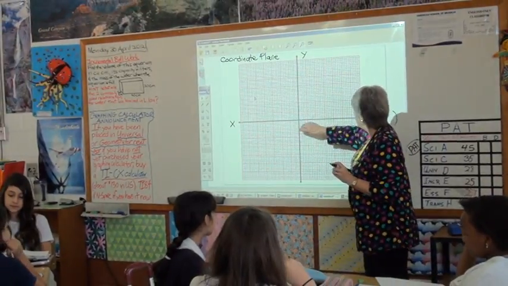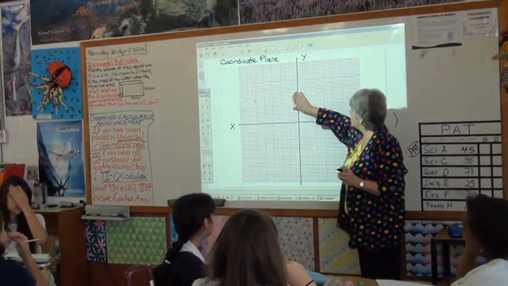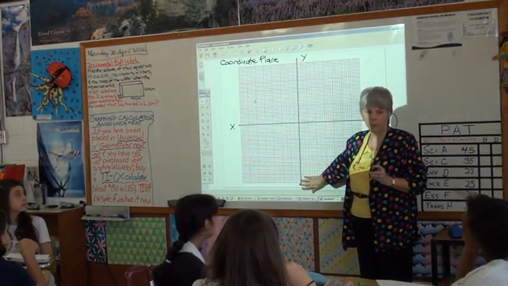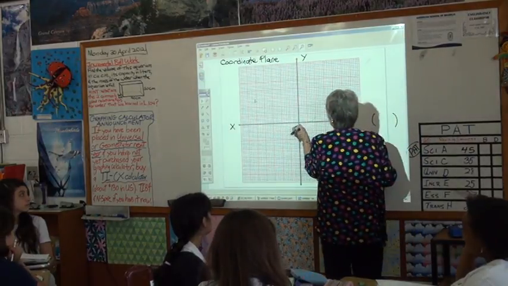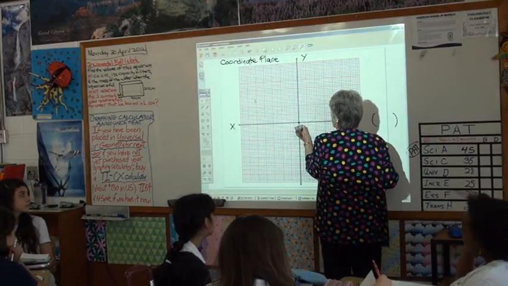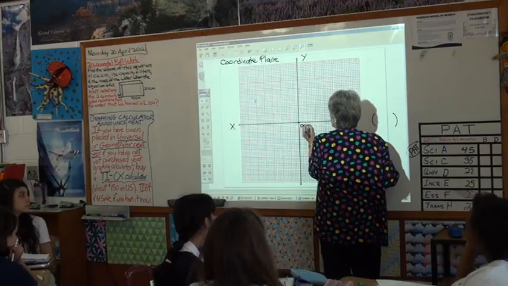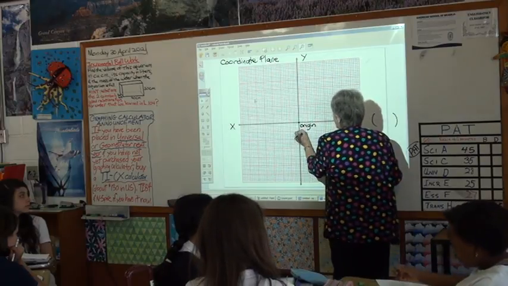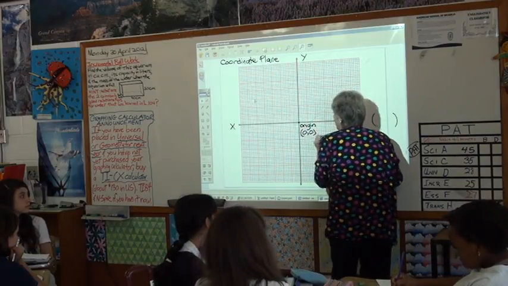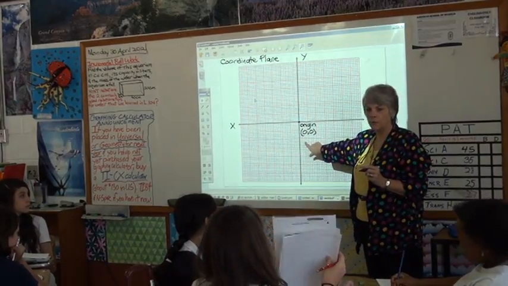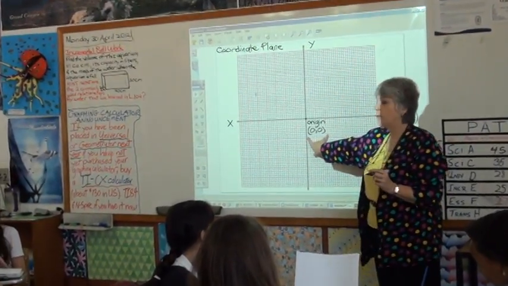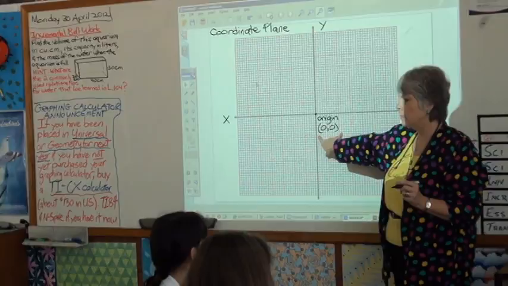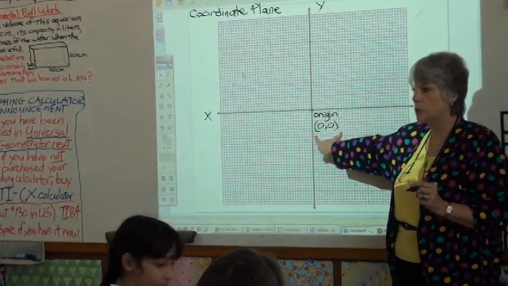Now, for a minute, I want you to pretend that this vertical is not here at all. Okay? And this point right here is called the origin. And this point is at 0, 0. Now that's called an ordered pair, so that's a good thing to write down in your notes.